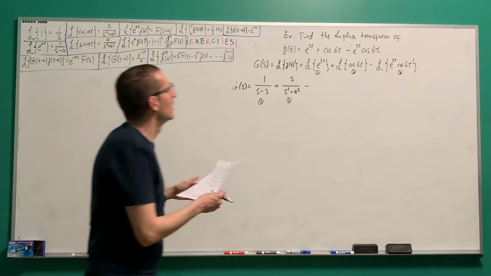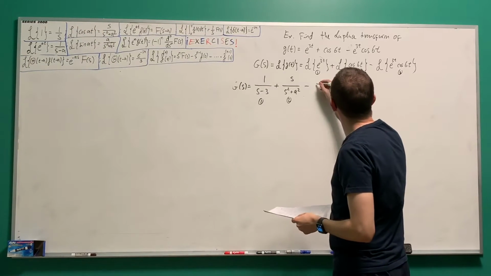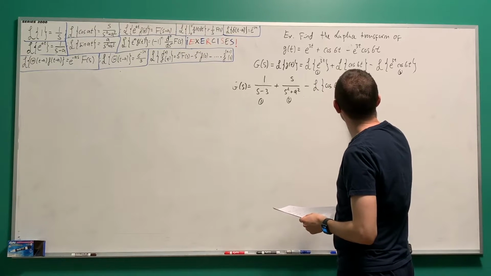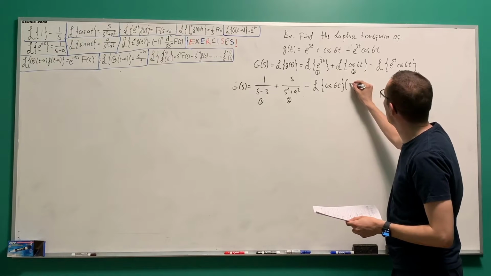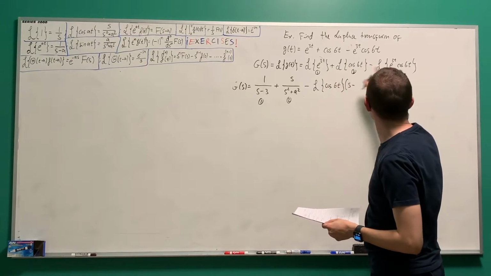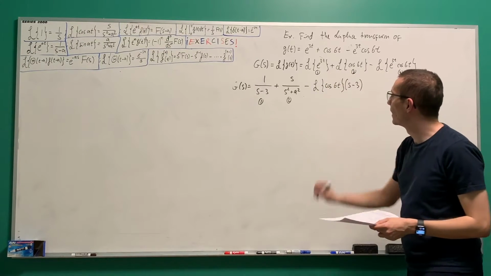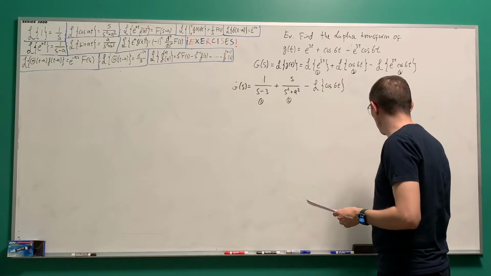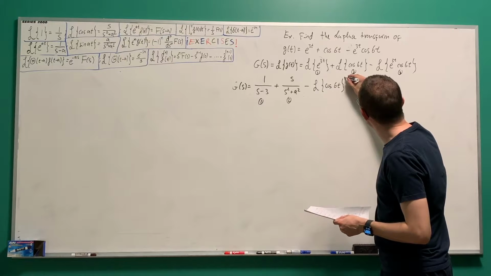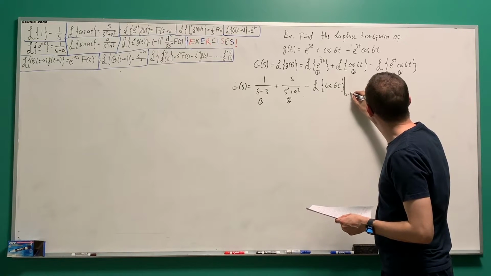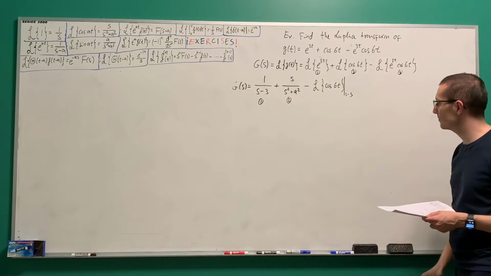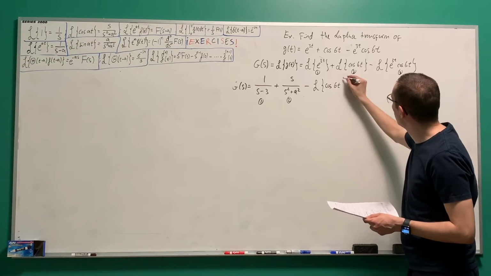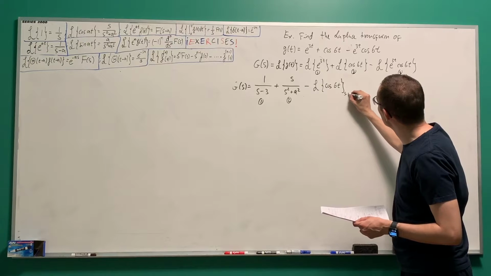This would be the Laplace transform of the cosine of 6t, evaluated at s minus 3. Maybe I'll write it small so you don't confuse this with a product. Evaluated at s minus 3.